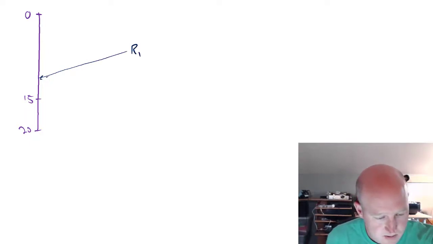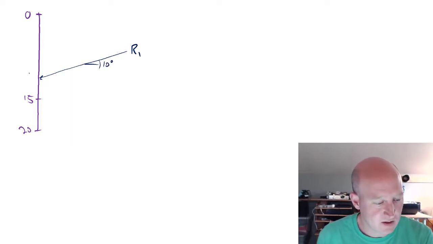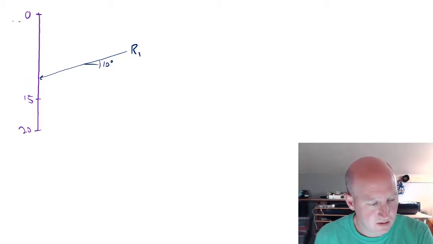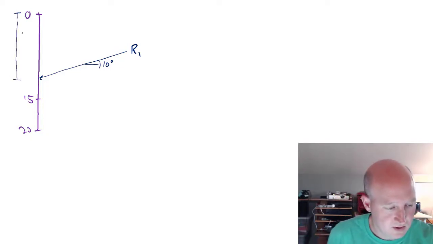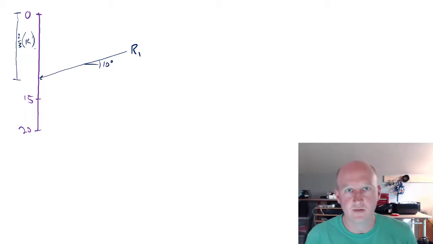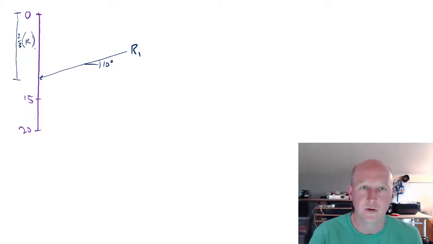R1 is going to be inclined 10 degrees, and it's going to be at the location, let's see, let's call this that dimension is 2/3 of 15 feet, right? So that's the location of the centroid of a triangle, is 2/3 of the way down.